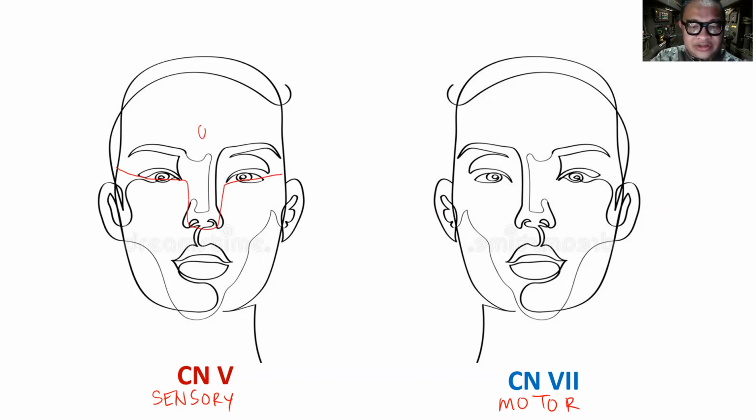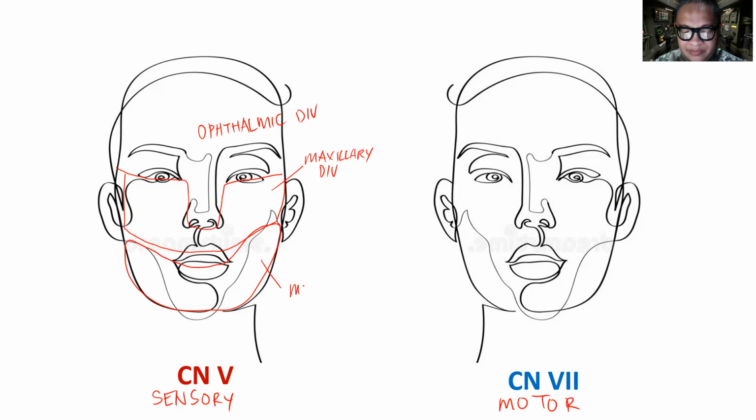That's your ophthalmic division of your cranial nerve 5. Next would be this part, including the upper lip. This is your maxillary division. And then lastly, this part, your jaw and your lower lip, that's your mandibular.